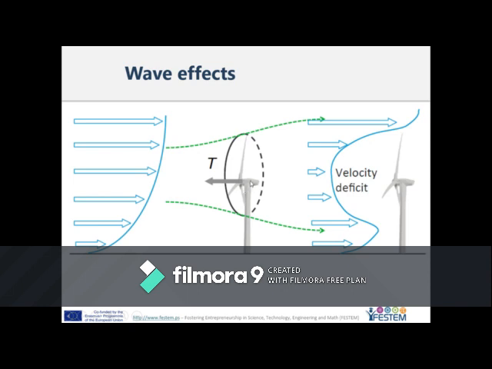Then this force is converted to electrical power. The wind that goes through this hypothetical disk will slow down. The wind which goes around stays at its original speed.